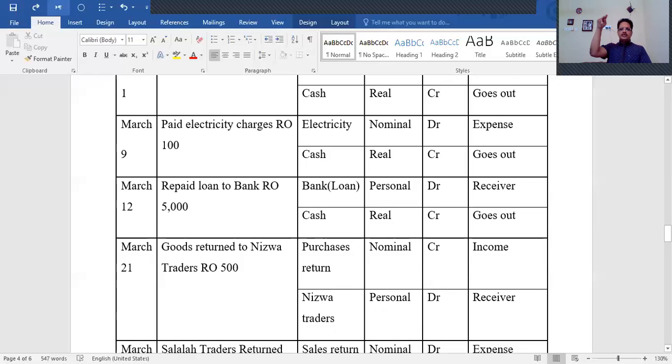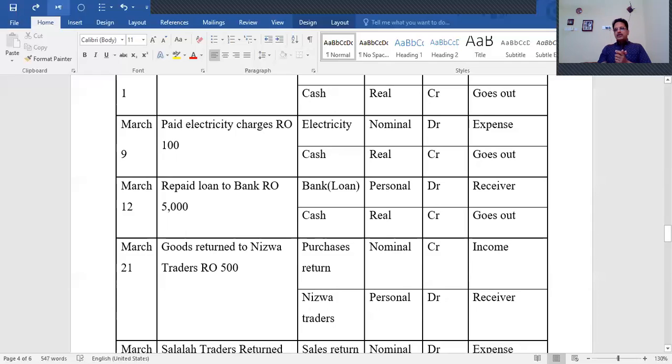But in details, when you're writing the account or in journal, you can write bank. So debit bank, credit cash, 5,000, 5,000, and a brief description about the transaction, that is narration. You can give repayment of the bank loan. Or if you find it difficult, you can write the same, repaid loan to the bank. No need for the amount in narration. That is called narration. So these are the journal: date, particulars, LF, debit amount, credit amount, and narration. Finish. Then go to the next.